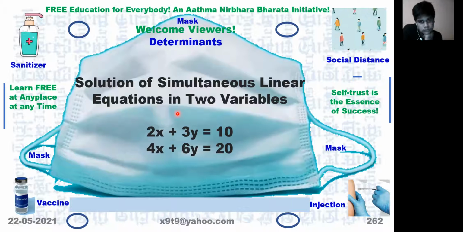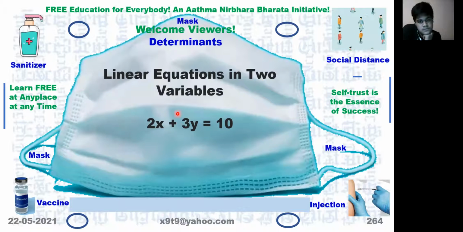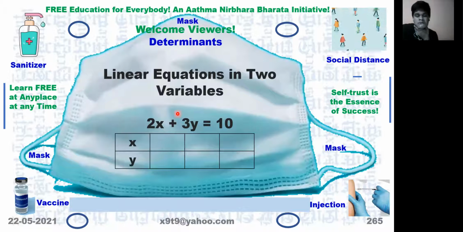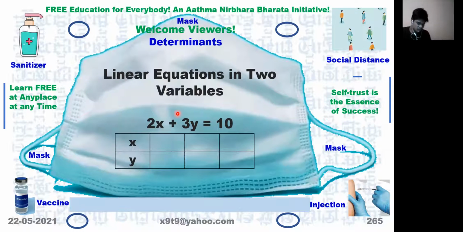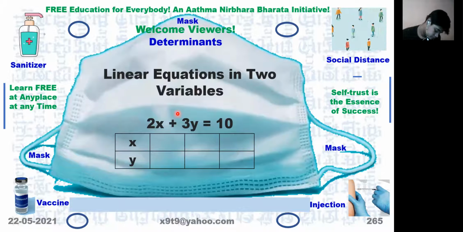So we'll take one problem and prepare the table for that to find the x and y. So 2x plus 3y is equal to 10. Find what is the x value, y value.